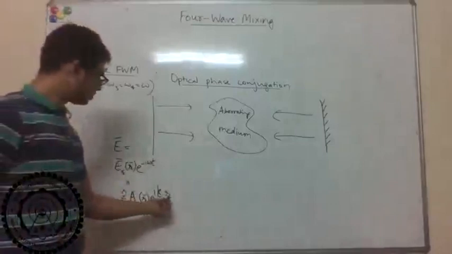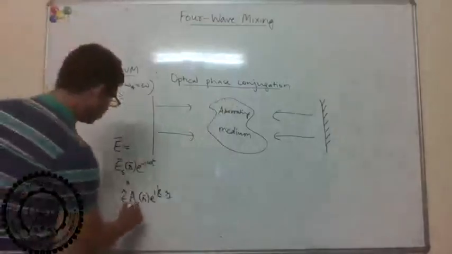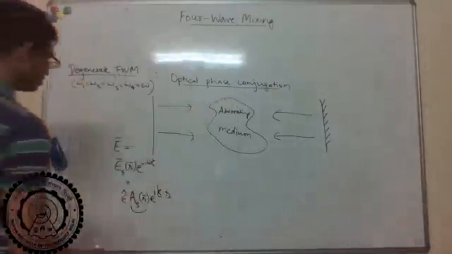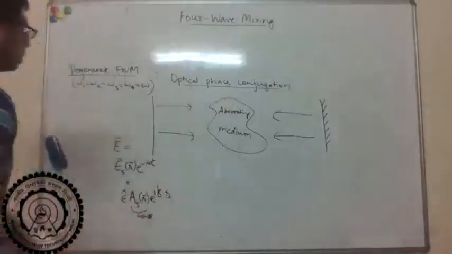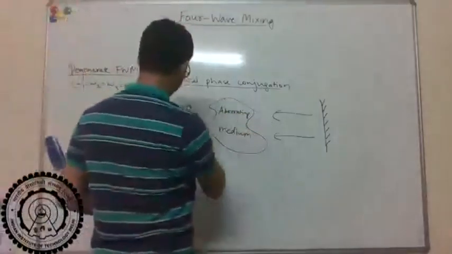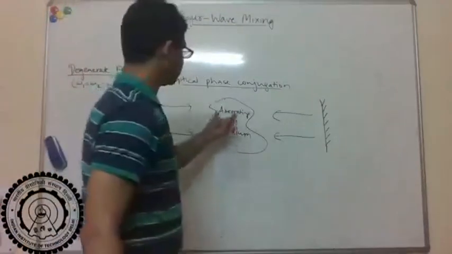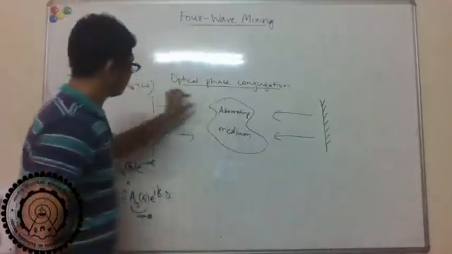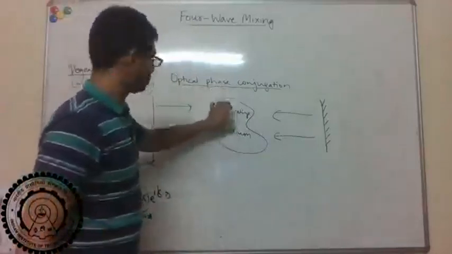So if the phase profile is some k dot r, then it's a plane wave. Or if this is a constant with e to the i k dot r, then this is a plane wave which is incident. When it passes through the aberrating medium, the wavefront gets distorted because you can think of the aberration as different parts of the beam seeing different refractive indices and different absorption coefficients.